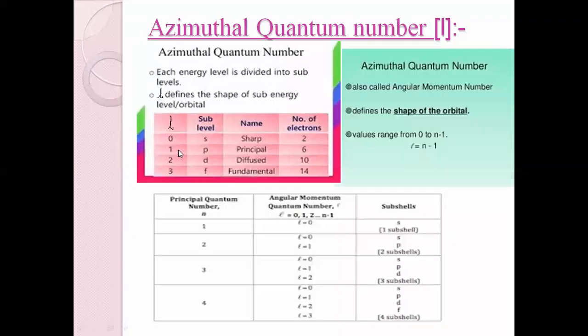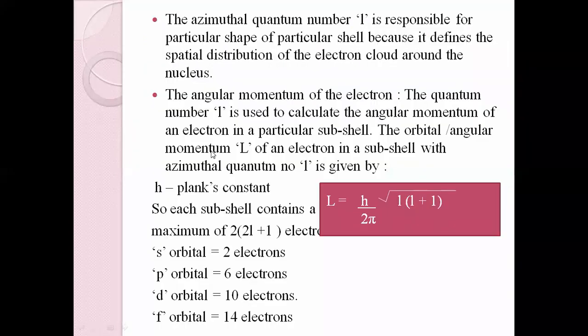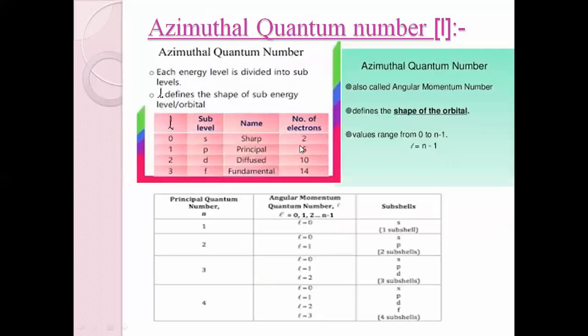Similarly, here l is equal to 1, which is representing the p orbital. So just 2 into 1 plus 1, how much is it? 3. 3 into 2 is how much? 6 electrons. So the p orbital, which is the principal orbital, can occupy these 6 electrons in its space.